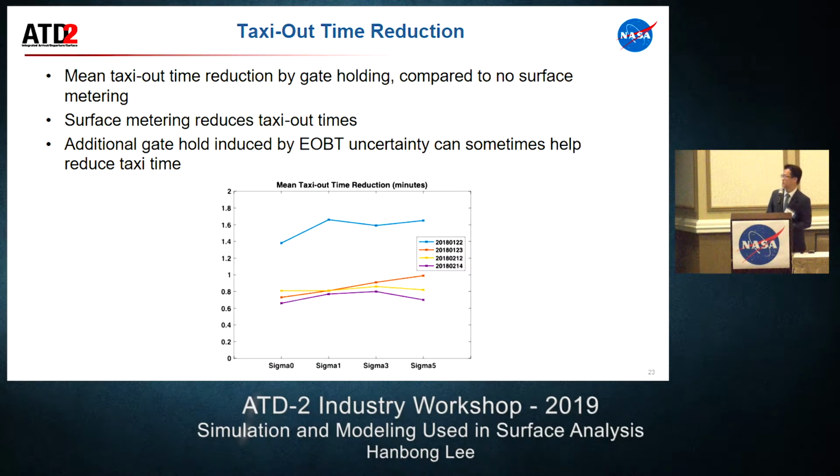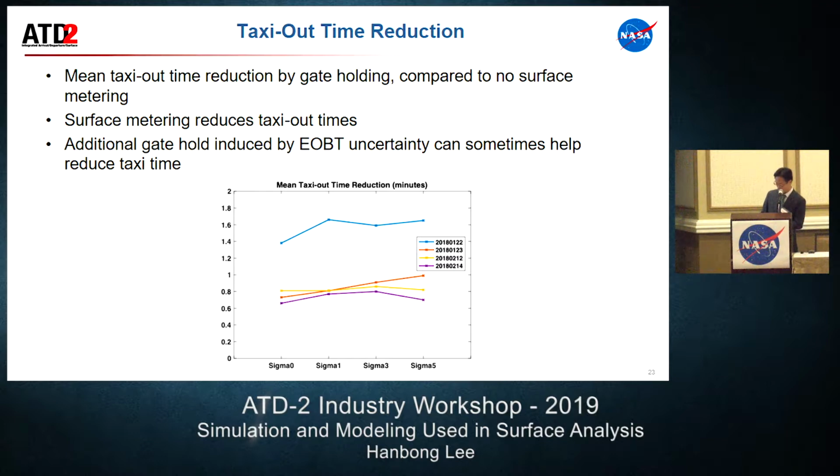And then we look at the mean taxi time reduction by gate holding compared to the no surface metering case. So for this comparison, we just compared the actual takeoff times between the surface metering on and off cases. So this graph shows the mean taxi time reduction for each UVT accuracy. And you can see that surface metering does reduce the taxi time, ranging from 0.8 minute to 1.6 minute, depending on the scenario.